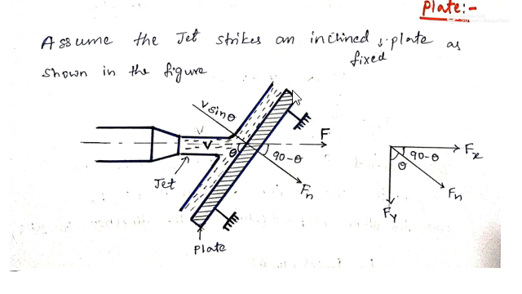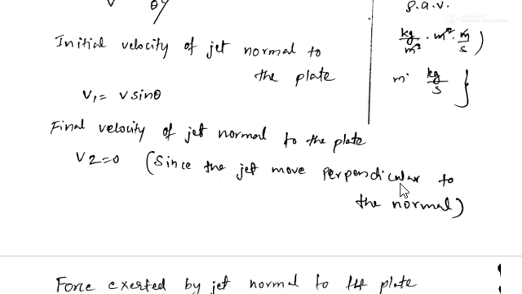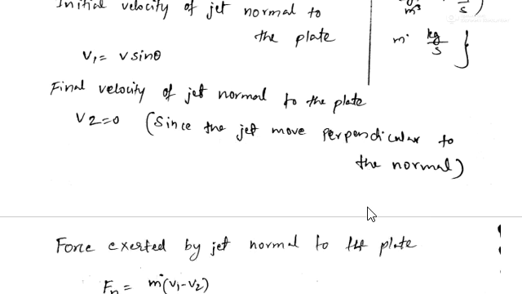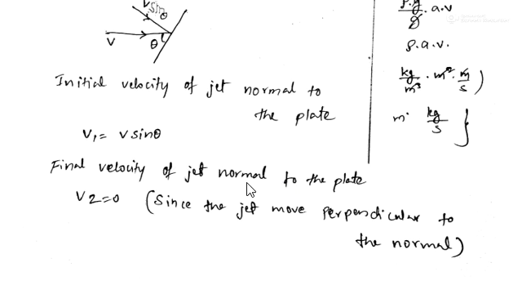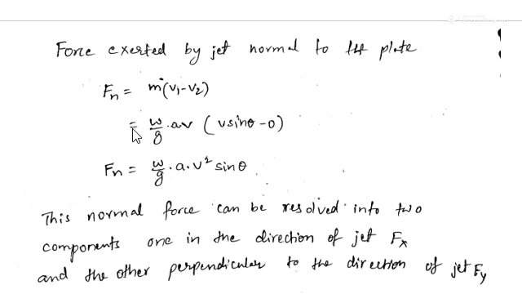So the final velocity in the perpendicular direction will be 0, since the jet moves perpendicular to the normal. So the velocity of the jet normal to the plate after striking is 0.